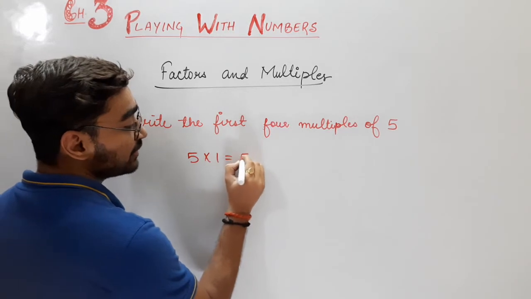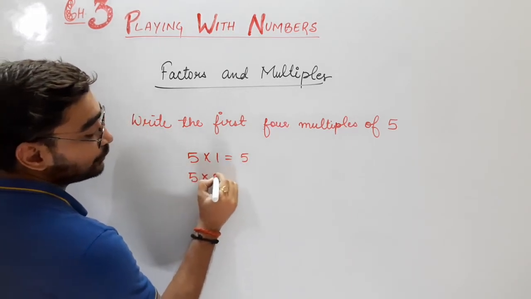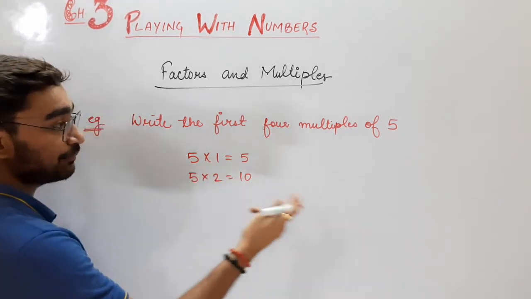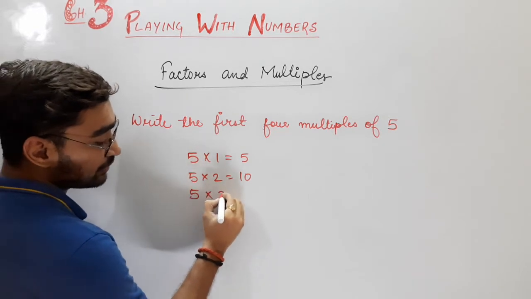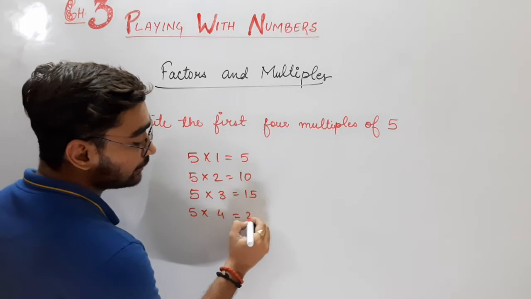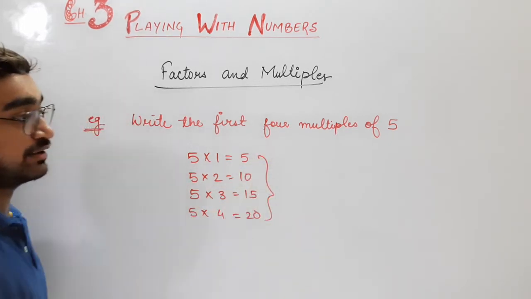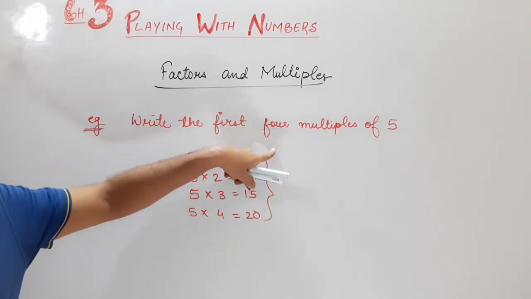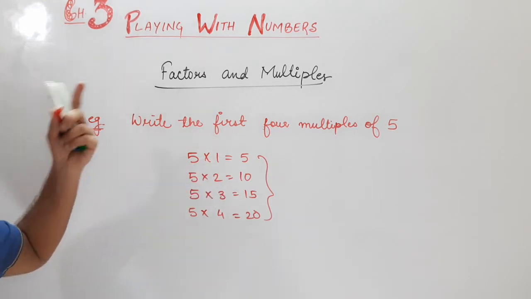This is the first multiple of 5. 5 twos are 10 is the second multiple of 5. 5 threes are 15 is the third multiple of 5. 5 fours are 20 is the fourth multiple of 5. You cannot multiply with a number less than 1.